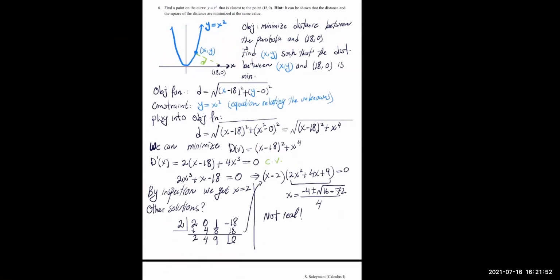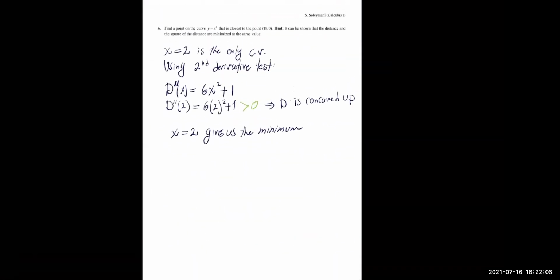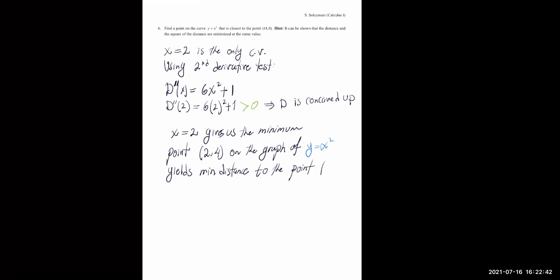It would be the point (2, 4). The point (2, 4) on the graph of y equal to x squared yields the minimum distance to the point (18, 0).